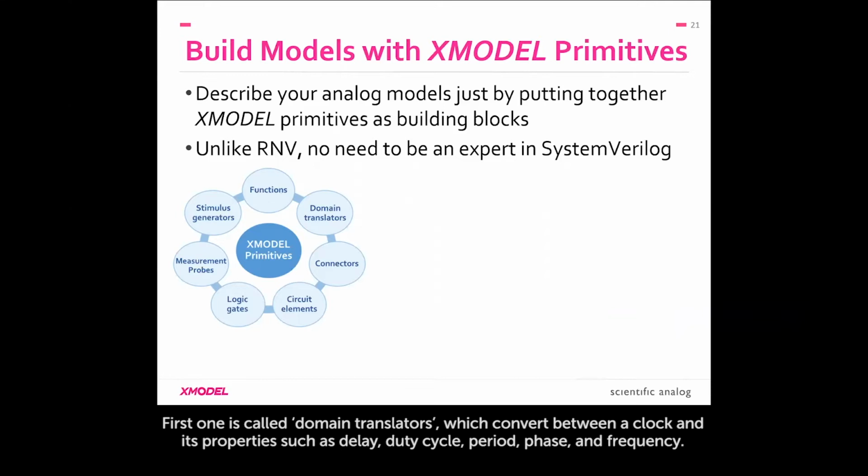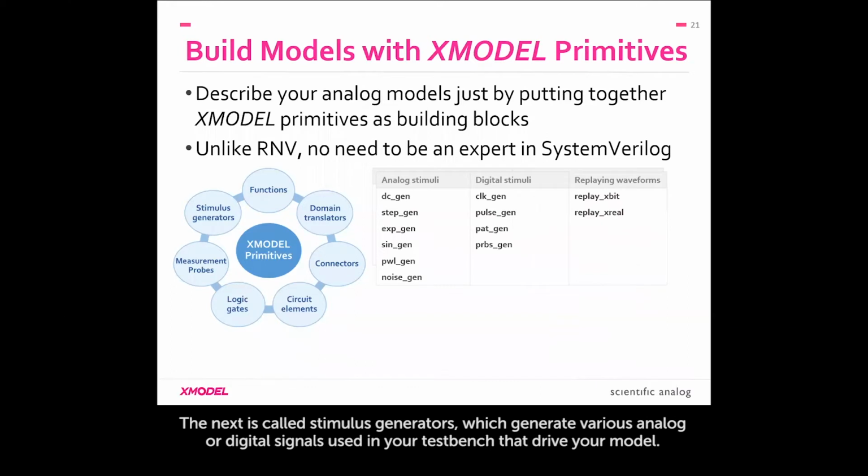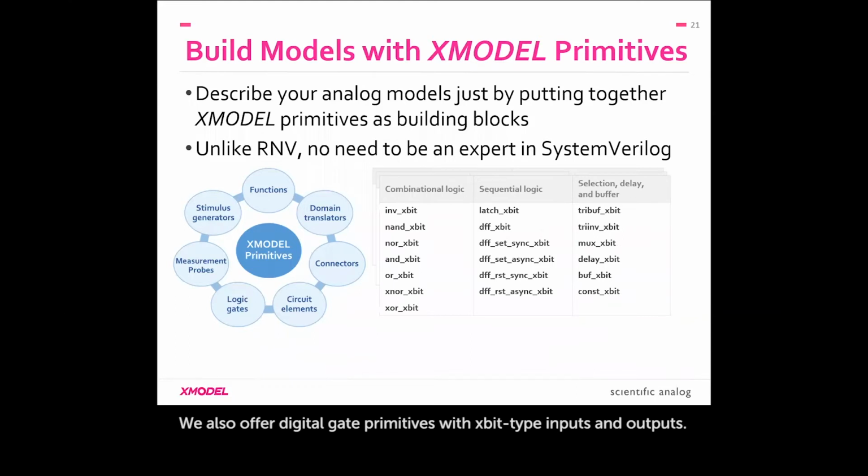First one is called domain translators, which convert between a clock and its properties such as delay, duty cycle, period, phase, and frequency. The next is called stimulus generators, which generate various analog and digital signals used in your test bench that drive your model. We also offer digital gate primitives with XBit type inputs and outputs.